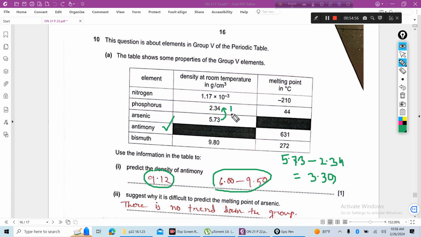Now from up to down it increases. This difference you add with this value, 3.39 plus 5.73.